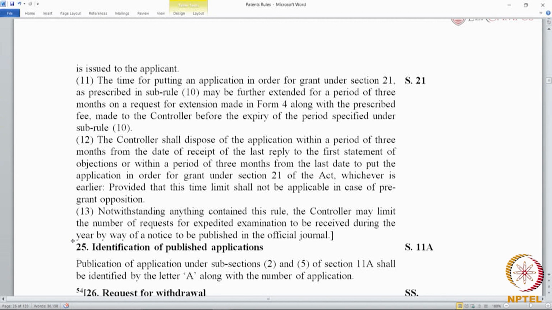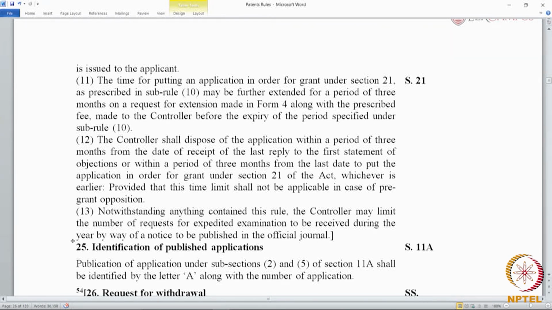It also factors the fact that if a pre-grant opposition is filed, then the controller cannot dispose the application till the pre-grant opposition is disposed of. So, this timeline will not apply, or you may not be able to get an expedited examination done if there is a pending pre-grant opposition.